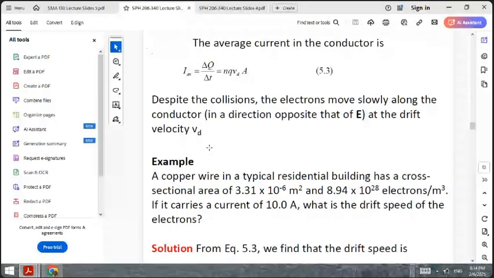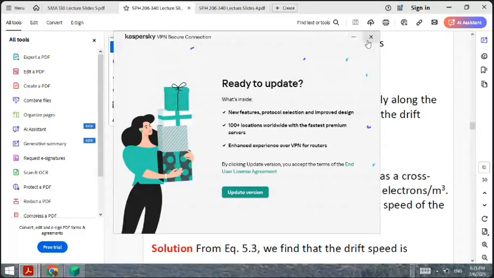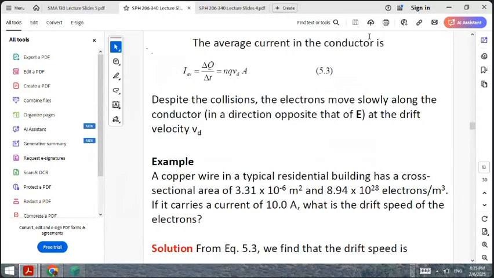What is q? I take you back here. q is the charge on one carrier. I try to make it as simple as possible.